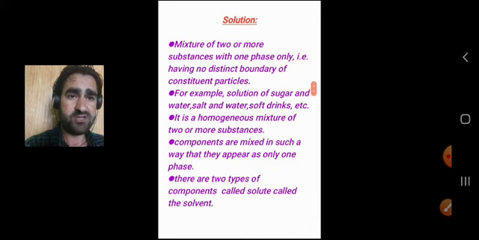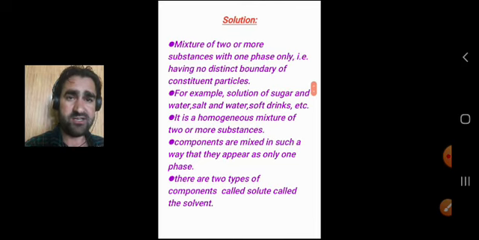The size of particles is also extremely small as compared to heterogeneous mixtures. There are two types of components called solute and solvent. There are two components in a solution. One of the components is known as the solute and the other component is known as the solvent.